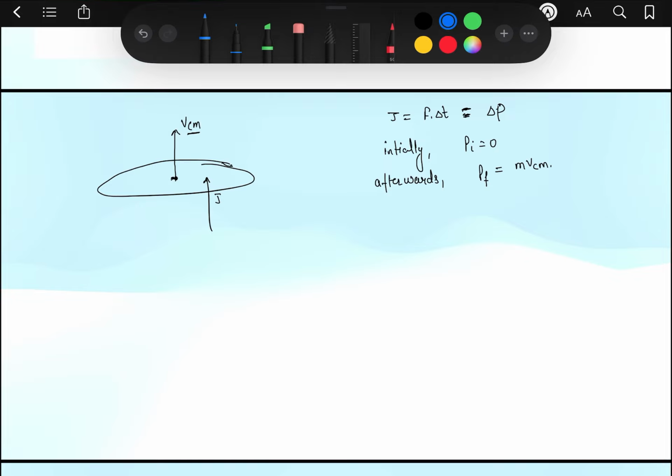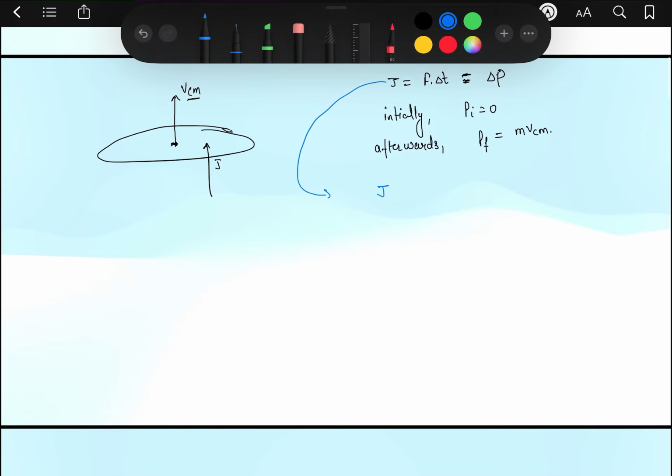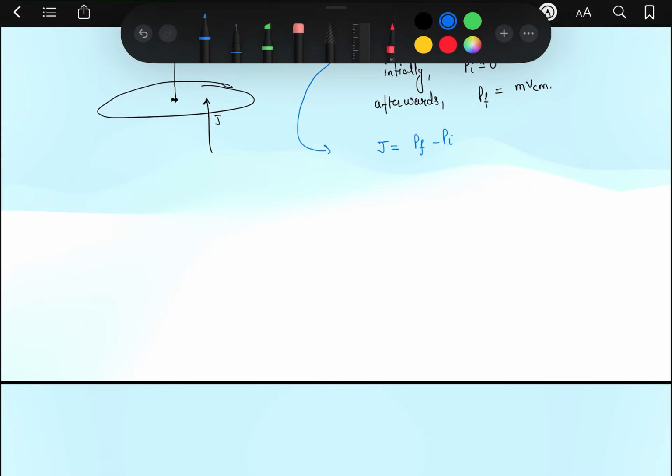So by using this equation here, that J will be equal to delta P, that is P final minus P initial. Okay, so P initial is equal to 0, so J will be equal to M into velocity of center of mass, and the value of J is what?